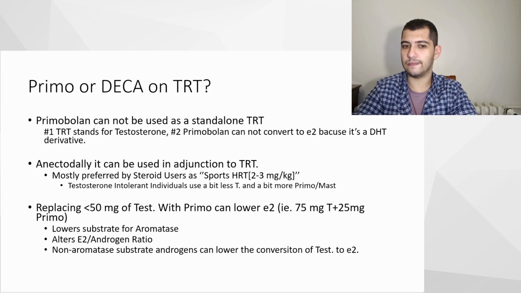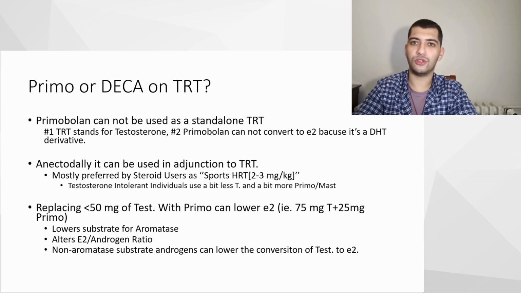And anecdotally, it can be used in adjunction to TRT. And technically, as I've said, it becomes HRT. And mostly, it's preferred by steroid users as a sports HRT, as an off cycle.